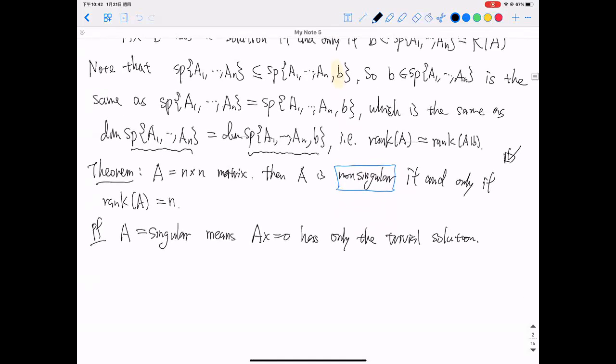Now again, AX can be written as x1 a1 plus x2 a2 plus and so on plus xn an. So what this is saying is that this linear combination equaling 0 has only the trivial solution.